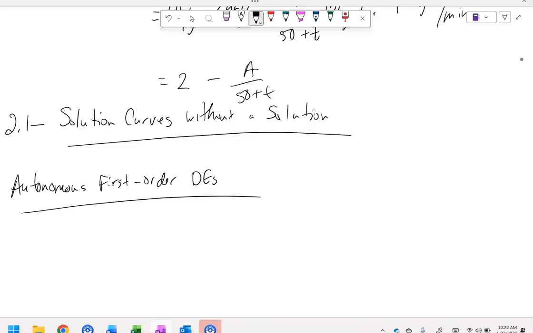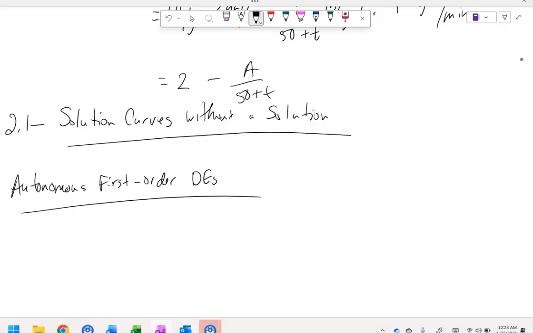But again, the idea behind these autonomous differential equations is just to get an idea of what solutions need to look like. And I'll go back to the slope field generator here in a minute as well to help illustrate some things that are going on.